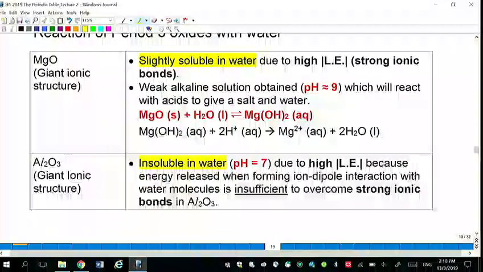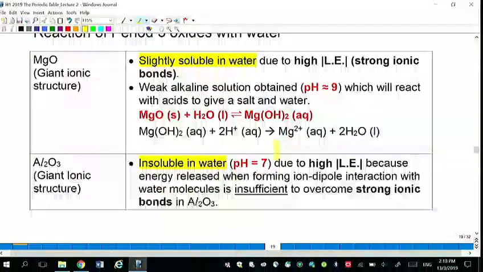Magnesium oxide is slightly soluble in water, so it can partially dissolve in water to form magnesium hydroxide. So the pH is still alkaline, around 9. But aluminum oxide is insoluble in water. The solid cannot dissolve in water at all, so the pH remains as 7.